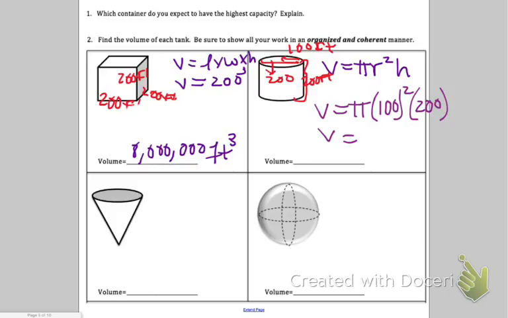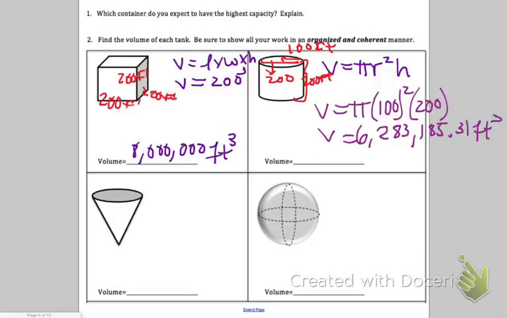So the total volume, rounded to the nearest hundredth, of this cylindrical tank is going to be 6,283,185.31 feet cubed. So far we can see that the cubic tank holds more water.